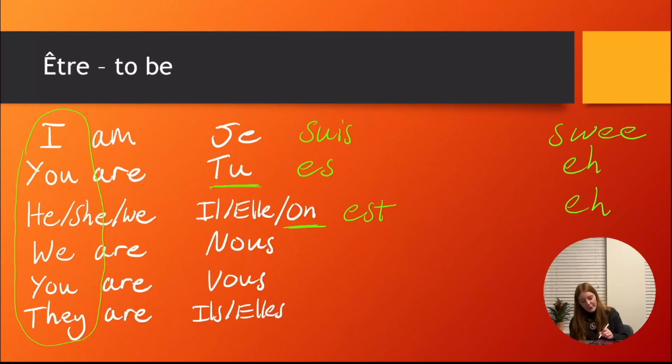Next up, we have the formal version of we, which is nous. And that's going to be nous sommes. Nous sommes. Don't pronounce the s, it's silent. Next up, we have the formal and plural version of you. Vous is when you're speaking to multiple people, or when it's very formal at the same time.